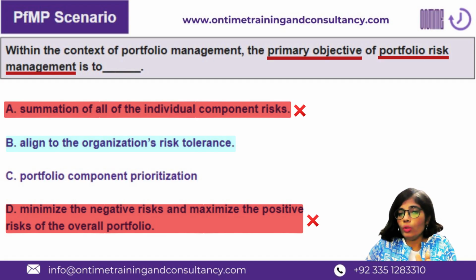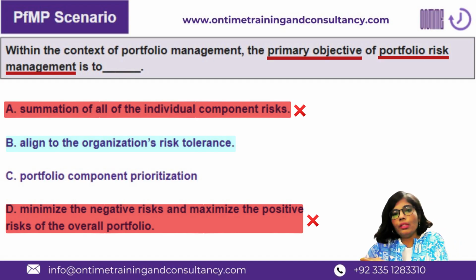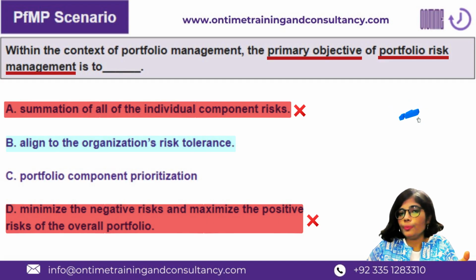You start a portfolio to fulfill a vision which is in alignment to the organizational vision, to fulfill strategic objectives which are in alignment to the organizational strategic objectives. And while doing that, you may come across some risk.